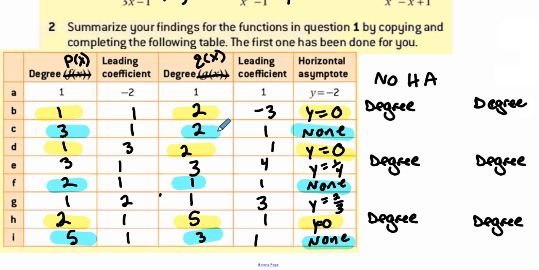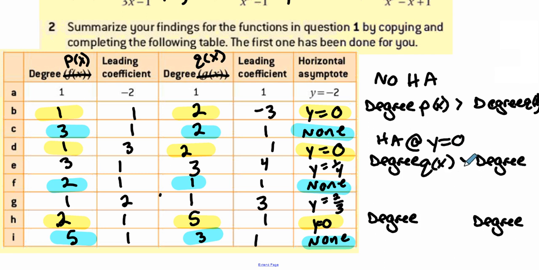When the degree of P of X is greater than the degree of Q of X. Correct. I have a horizontal asymptote at y equals 0 when the degree of Q of X is greater than the degree of P of X. Correct.